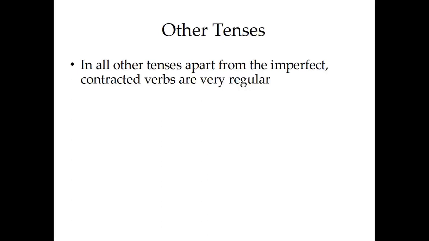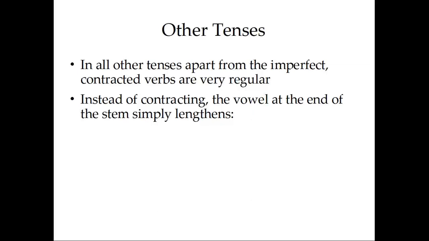contracted verbs are very regular, actually. It's very easy to form them. Instead of contracting, the vowel at the end of the stem, we've been looking at epsilon, simply lengthens. So we would expect the future tense of phileo, if formed normally, to be phileso. We would just add a sigma to get our future tense stem and add our basically present tense endings.